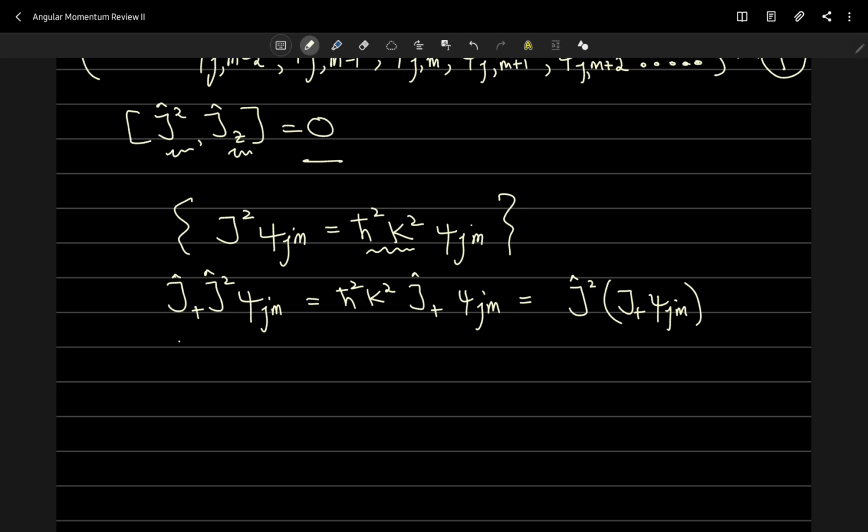So you see that means that we could switch these two operators.